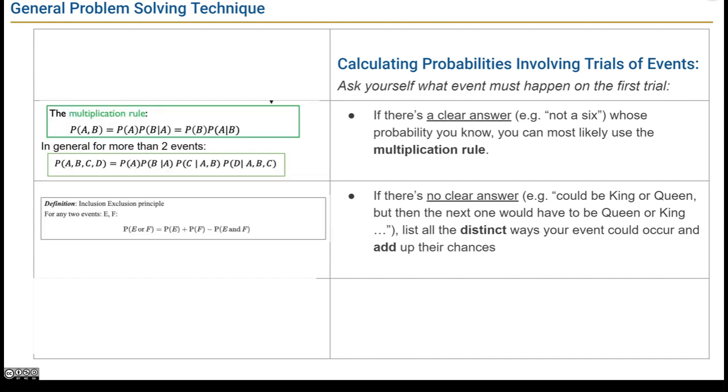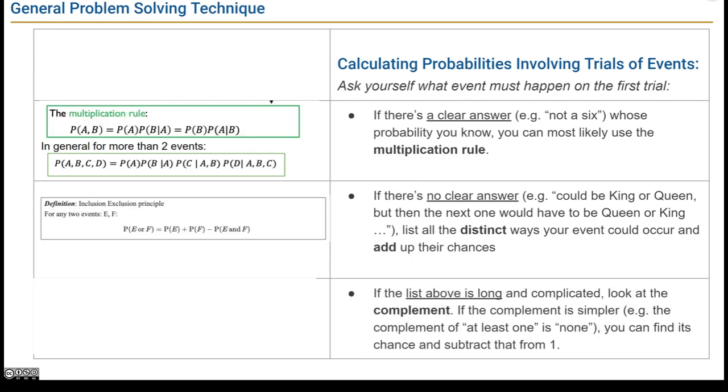So in that case, what we're really doing is taking advantage of the inclusion-exclusion principle, where we're saying if I'm looking at the distinct ways to get E or F, and if I write them up such that the probability of E and F ends up being 0, so if I really make them distinct, I can just add up the chances of each of the distinct ways. If there's some overlap, you will have to subtract off the probability of their intersection, but in general, you can usually set it up so that you write them up distinctly.